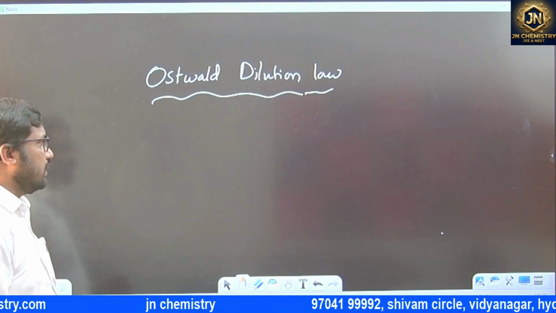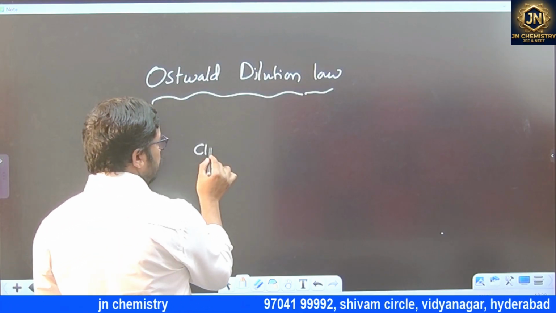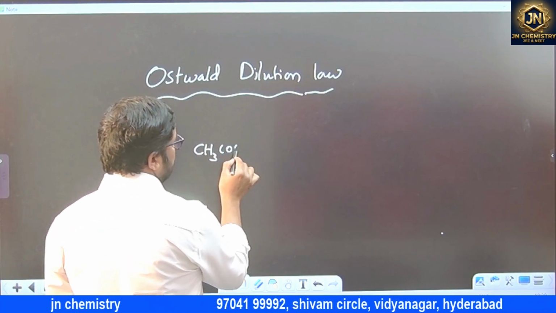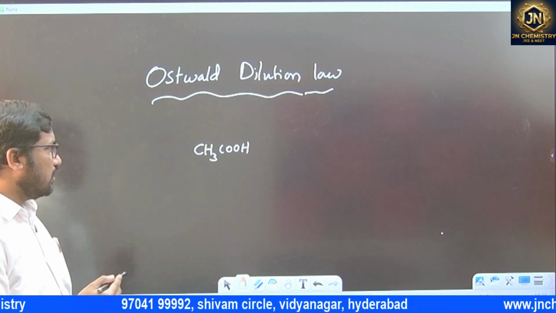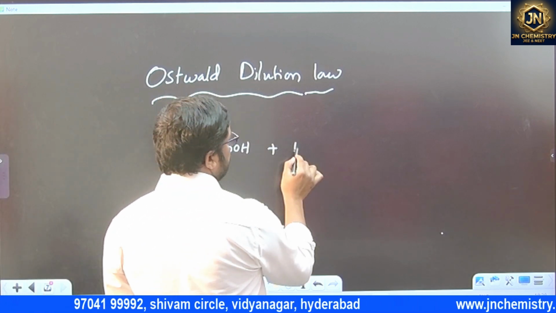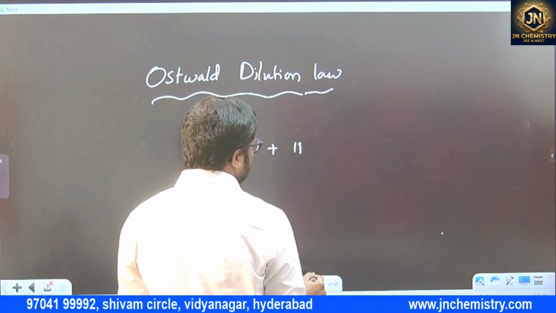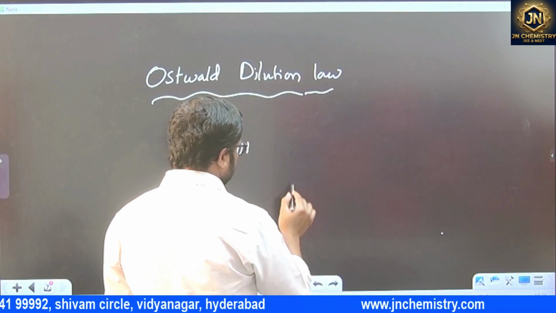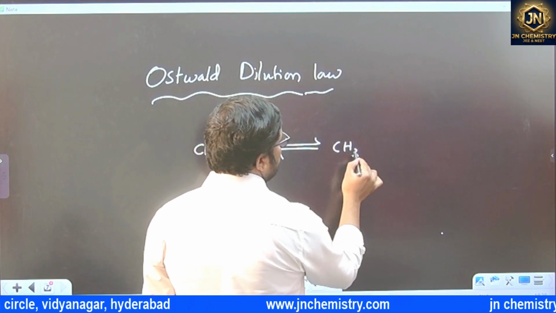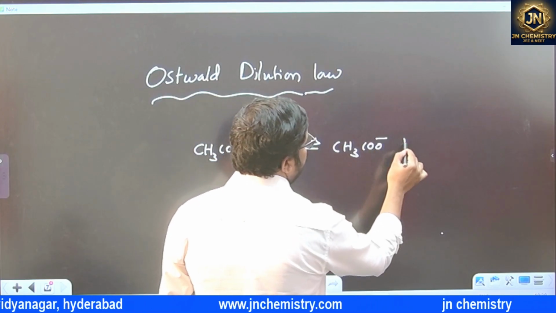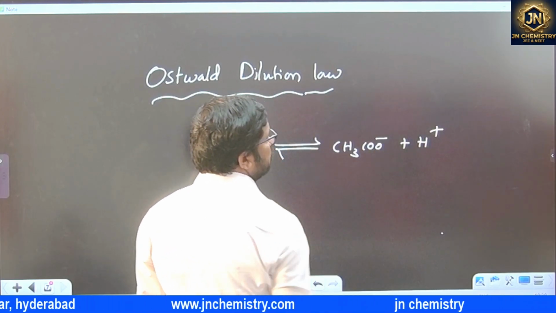Ostwald dilution. For example, a weak acid. If it undergoes hydrolysis or dissociation, I am directly writing the dissociation. For example, CH3COOH gives CH3COO minus and H plus.